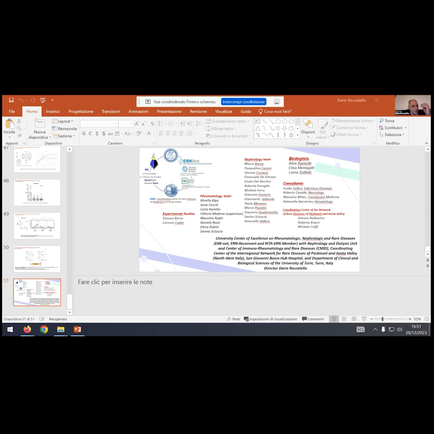But what we are reading in the literature on this therapy, especially from oncologic and hematologic experience, not immunologic experience, is a strong concern.